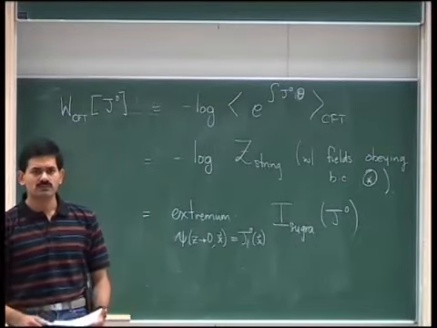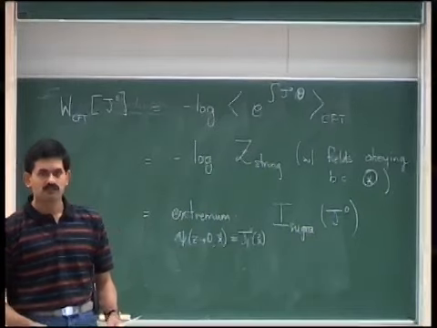In general, you want to include a factor of the radial coordinate right in front of the source.